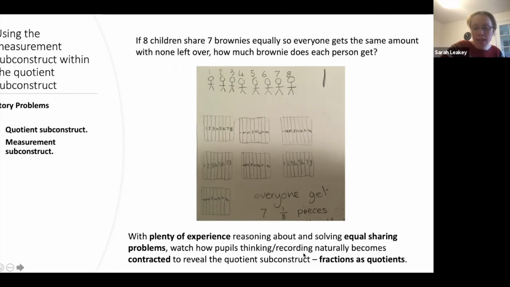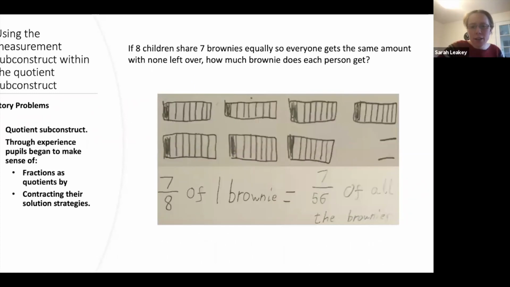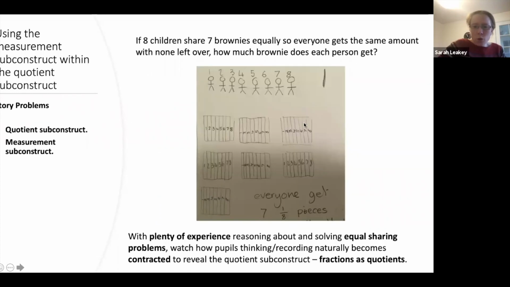The pupil's thinking and recording naturally becomes contracted to reveal that quotient subconstruct, so fractions as quotients. And lots of adults haven't grasped this understanding, not because they can't, just because they haven't had these types of experiences.